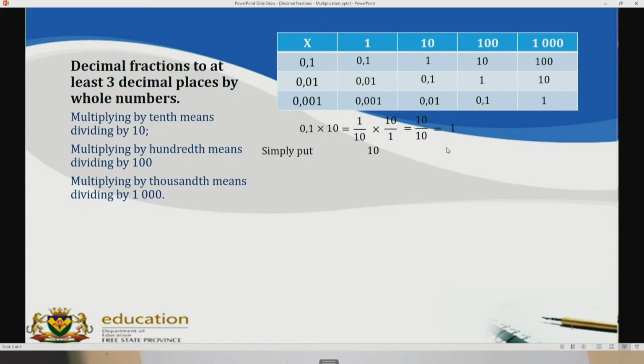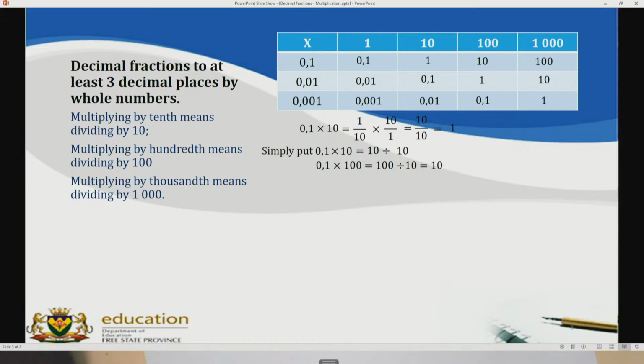So simply put, what we have here is that 0,1 multiplied by 10 is equal to 10 divided by 10.